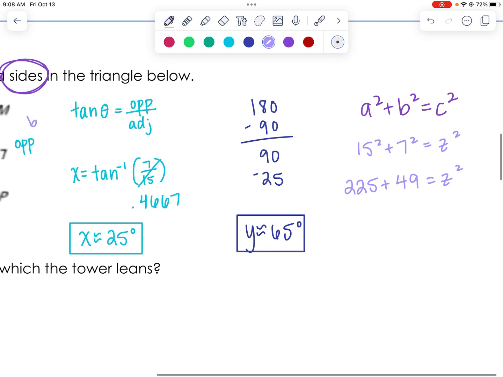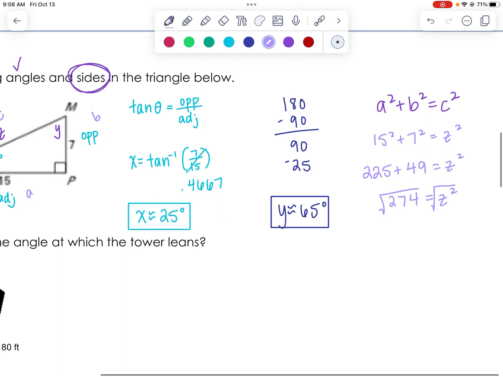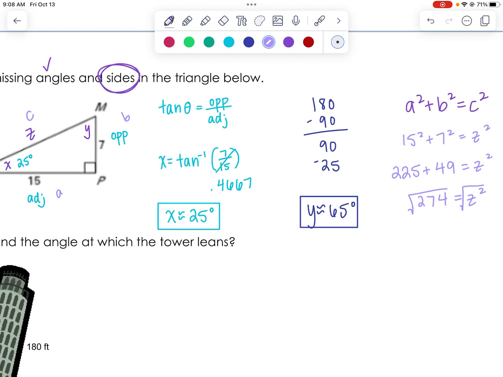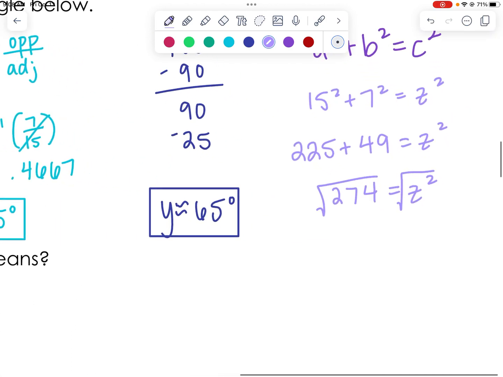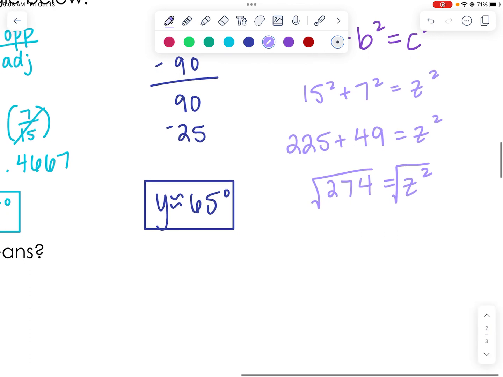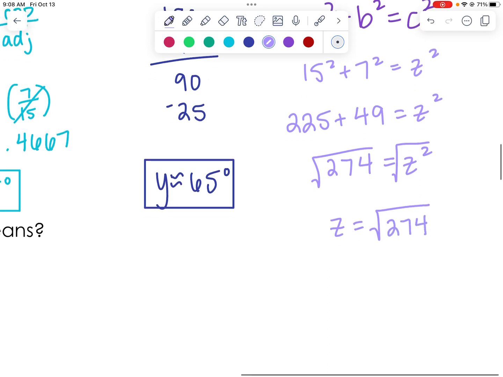So if I add those together, I'm going to get 274 equals z squared. But that's not the answer. Remember that you have to square root it. And normally from here, if it said simplified radical form, if it said simplify it, then we would have to make our factor tree, but it doesn't necessarily say that, so we can leave it like this. We can just leave it as the square root of 274.